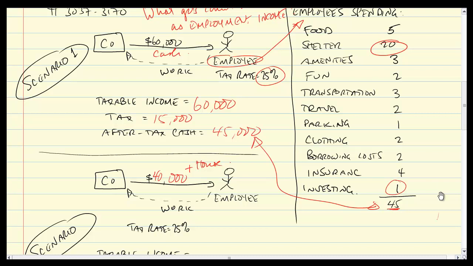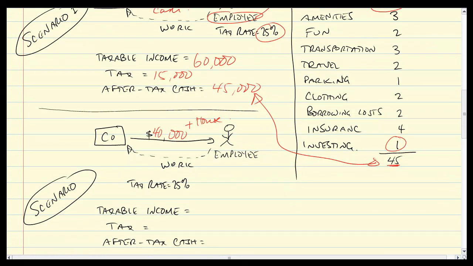So under that scenario, his employment income is $40,000. His tax is 25% of that, so 10. So he's left with $30,000. To pay how much? Well, he doesn't have to pay this 20, so 45 becomes 25. So he's got 30 to pay 25. It looks like he just made $5,000.